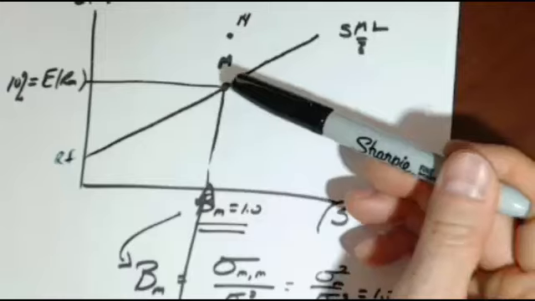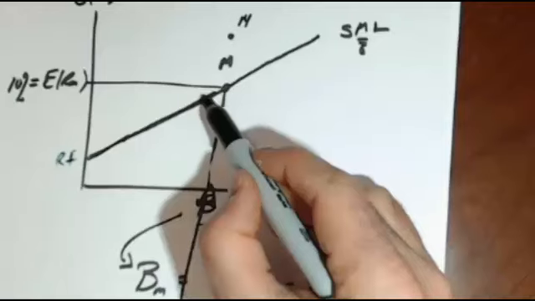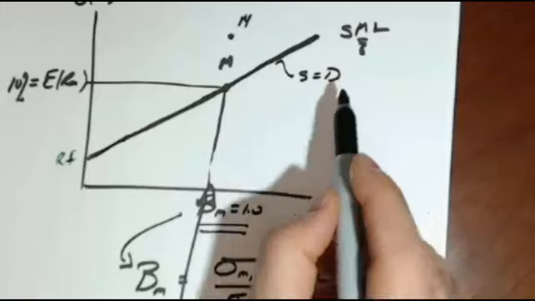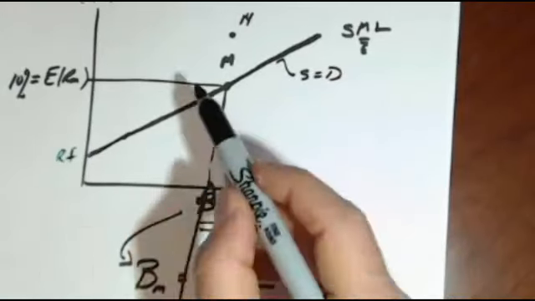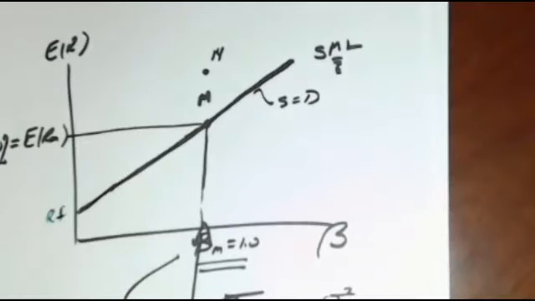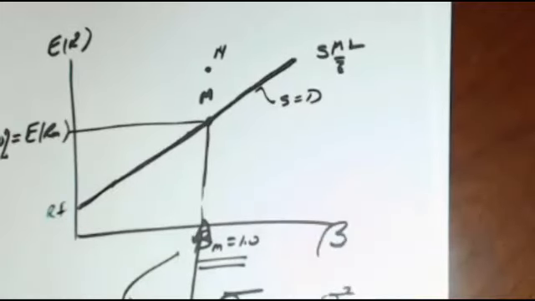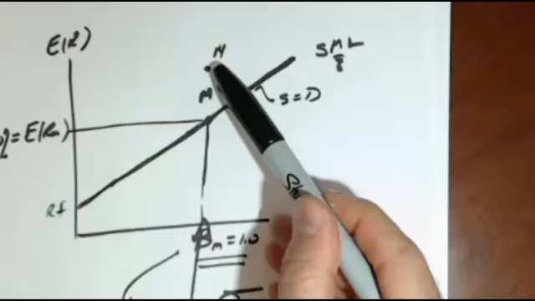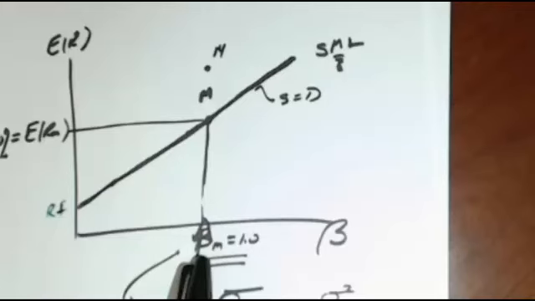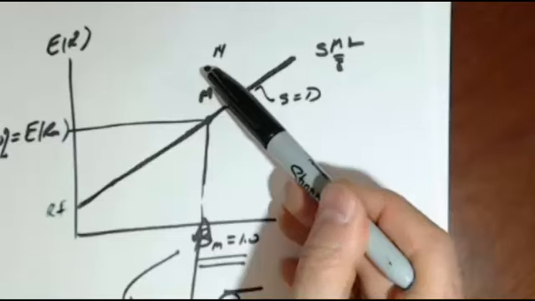So what this line is telling you is where the market is efficient. This is where supply equals demand for a stock. The market's in equilibrium along this line. There's no tendency for change. And what we're saying here is that if you find a stock that has a really high expected return, given what it should be priced at, given its systemic risk, then this stock is an undervalued stock.